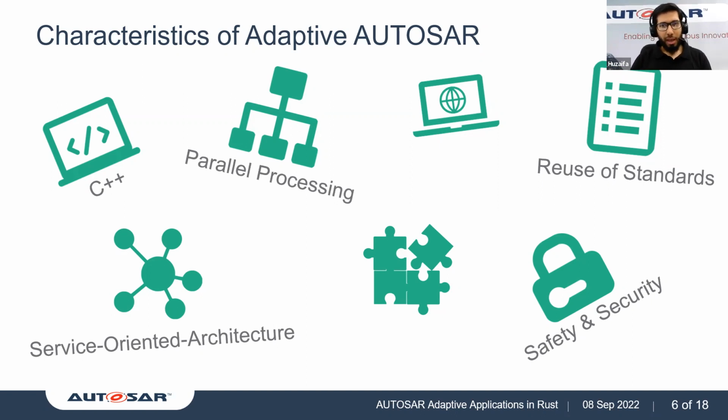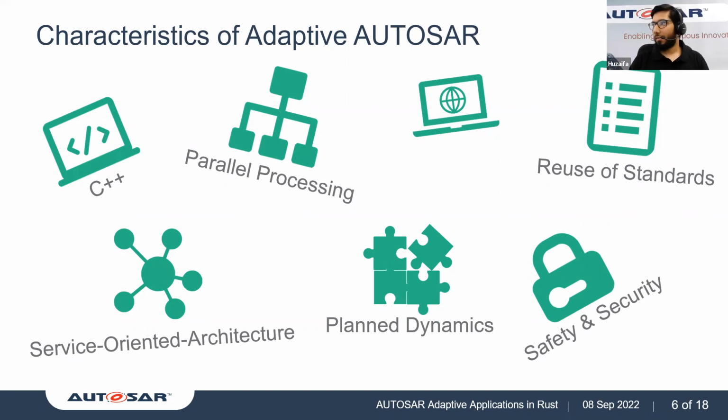Then, of course, one of the habitats where these adaptive AUTOSAR projects will be used is in very high performance ECUs, which also means that you need to leverage that from your programming perspective, and parallel processing is one of the key features that needs to be kept in mind while we are doing the standardization.